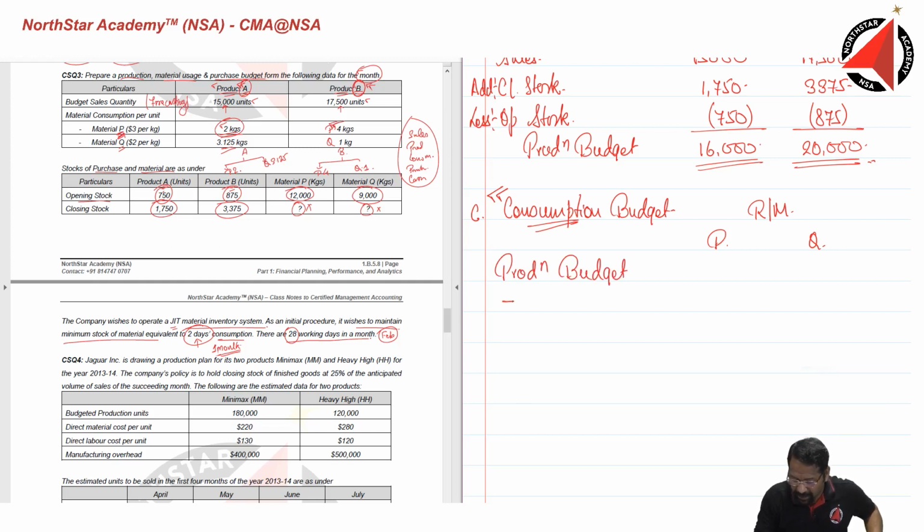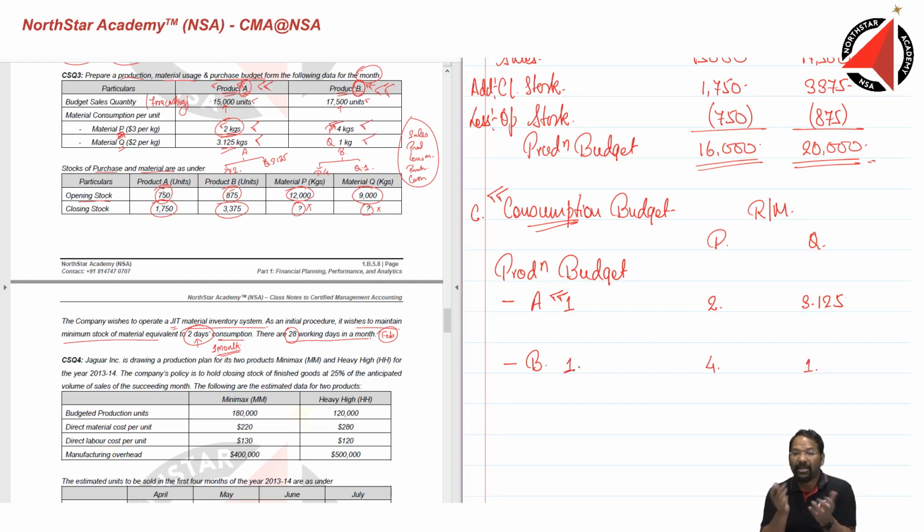We are making product A and product B. To make 1 unit of product A, I need 2 kg of P and 3.125 kg of Q. Similarly, to make 1 unit of product B, I need 4 kg of P and 1 kg of Q, just 1 unit.